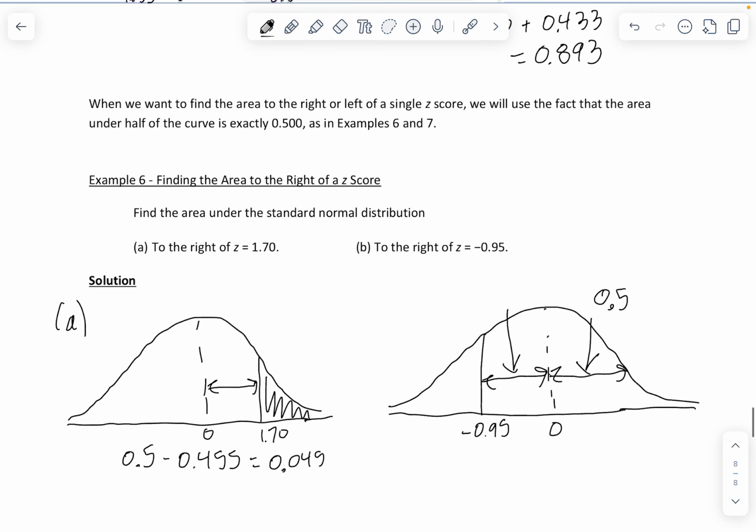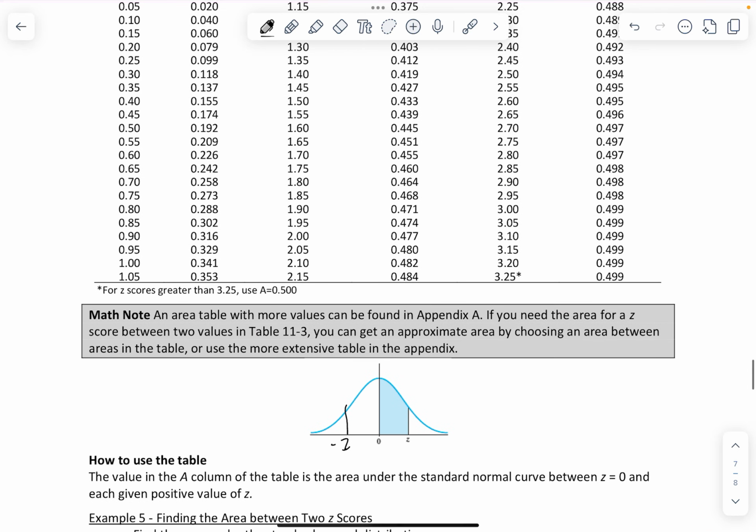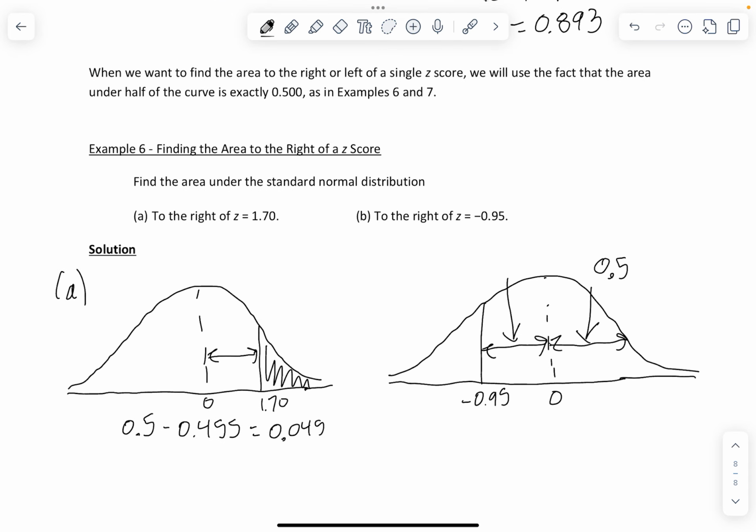So I go over to my table. My z-score is negative 0.95. I'll just ignore that negative sign and focus on positive 0.95. There's my area, 0.329. If I add these areas together, I get the total area to the right, which I'll shade.